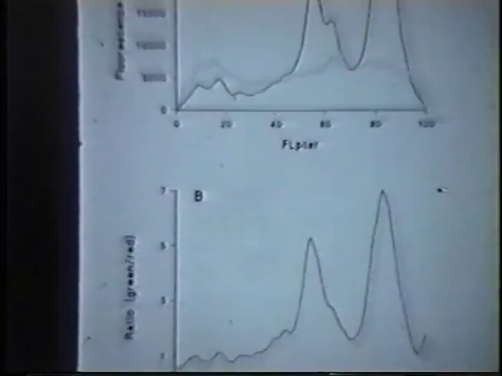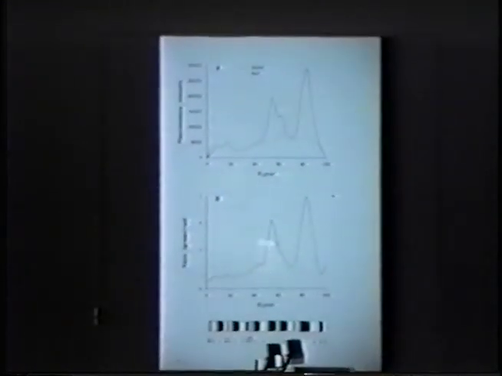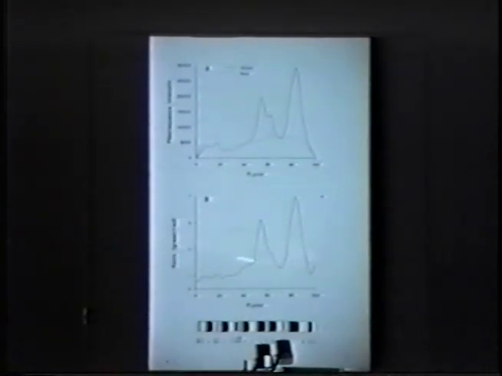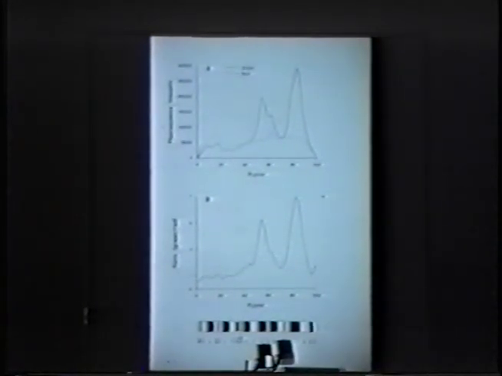What we didn't know was that there's another region on chromosome 8 that's also amplified, and if you look at the profiles here, you can clearly see these two regions of amplification, and you can map them. So it's a very powerful technique for detecting all of these amplified regions in the genome in one shot.